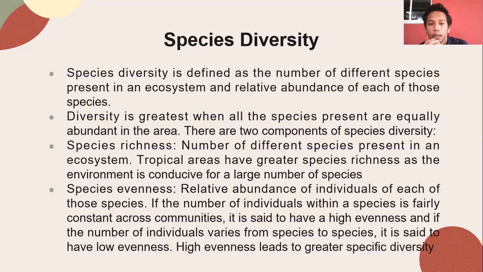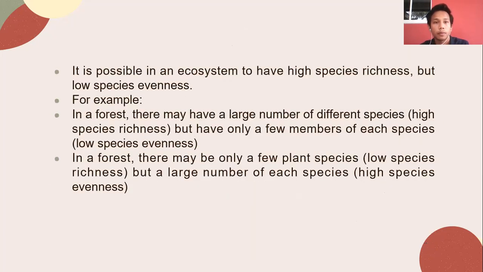If the number of individuals within a species is fairly constant across communities, it is said to have high evenness, and if the number of individuals varies from species to species, it is said to have low evenness. High evenness leads to greater species diversity.